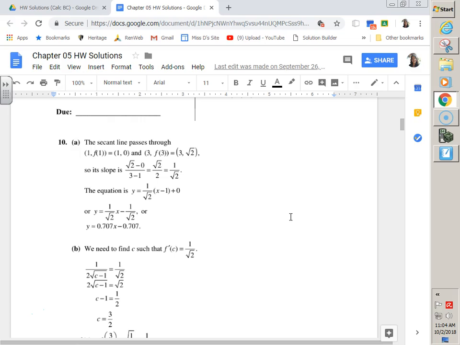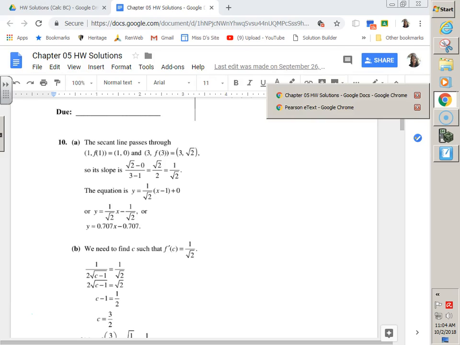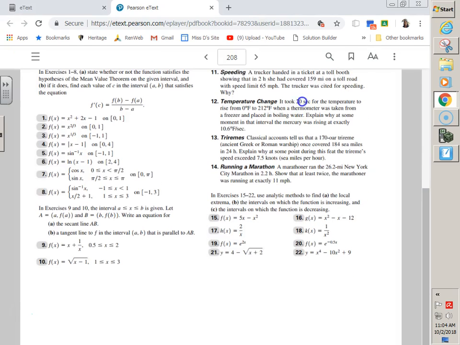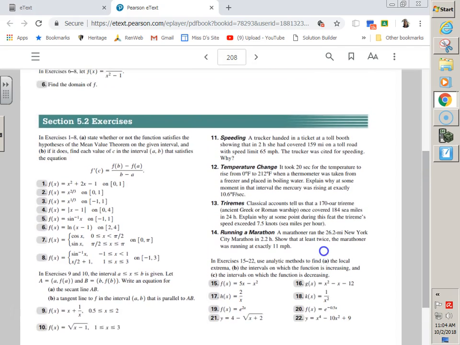Who was the original function? So if you plug in 1, you get 0, right? Did they give you a sketch or a graph? They had to give you something. Is this the wrong homework?